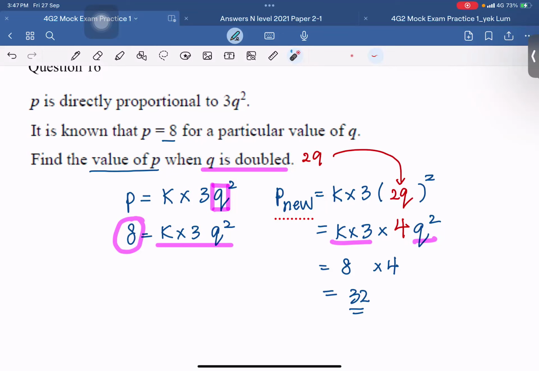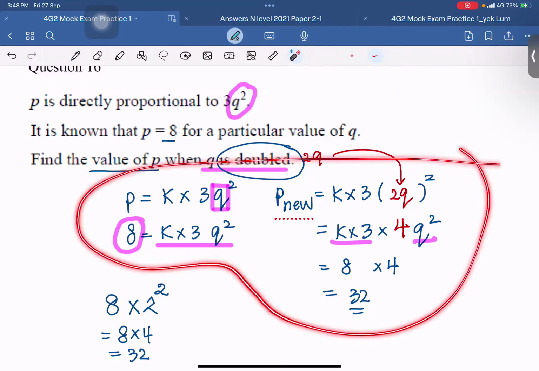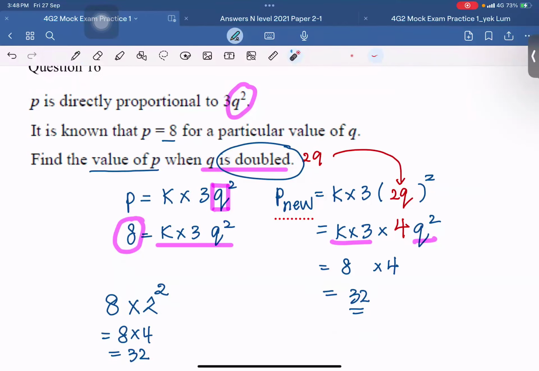So I take my original 8 value, doubled, so I times 2. But there is a power here, square. So I times 2 squared. Straight away I get my answer, 8 times 4, 32, without doing all the working. All these no need to do. Directly proportional means multiply.